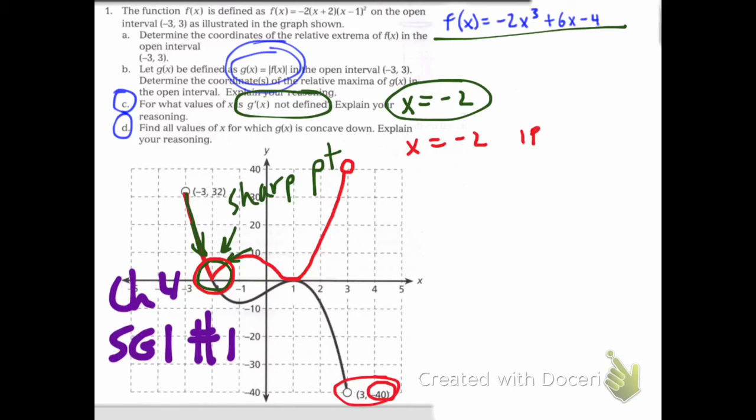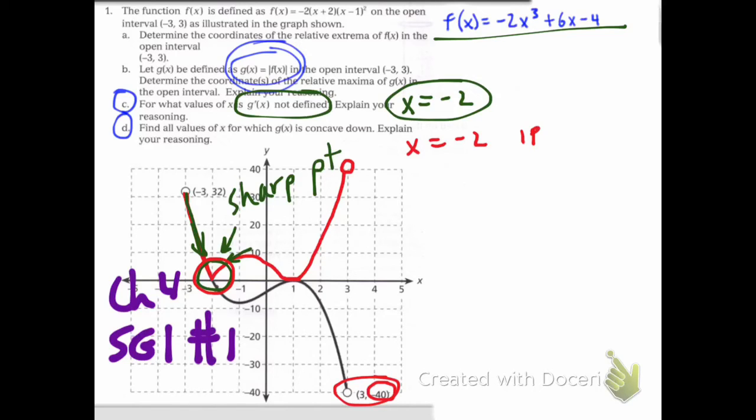Well, let's just figure out what the point of inflection would be for f of x, and we can use that same x value, because we can see that g of x is just a reflection in that area about the x-axis, and so the point of inflection would be the same x value. And so I took the liberty of multiplying f of x out, so we can see in the upper right hand corner of your screen that f of x is this third degree polynomial.